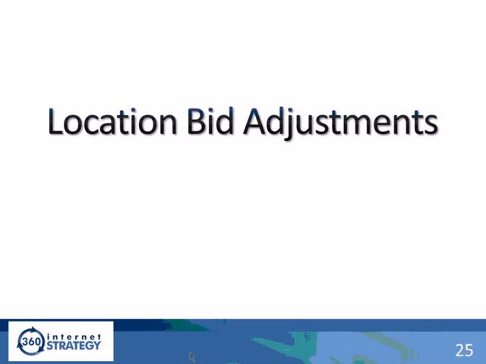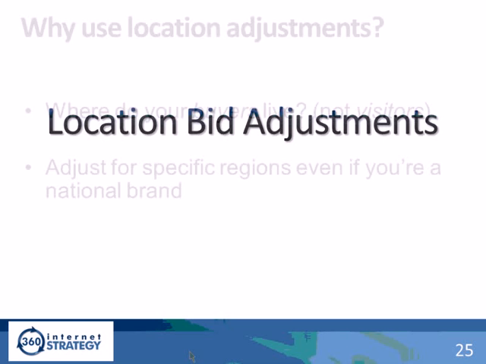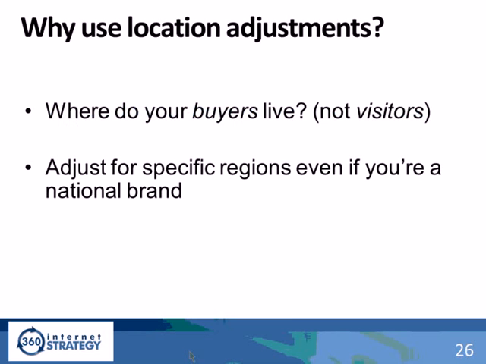So these are some cases where you might have a location bid adjustment: you want to target customers in a certain area, or you might even want to exclude an area. You just know you're not going to get business in a particular area, and you have a tight budget, so you don't want to target it. So why would you use it? Where do your buyers live?